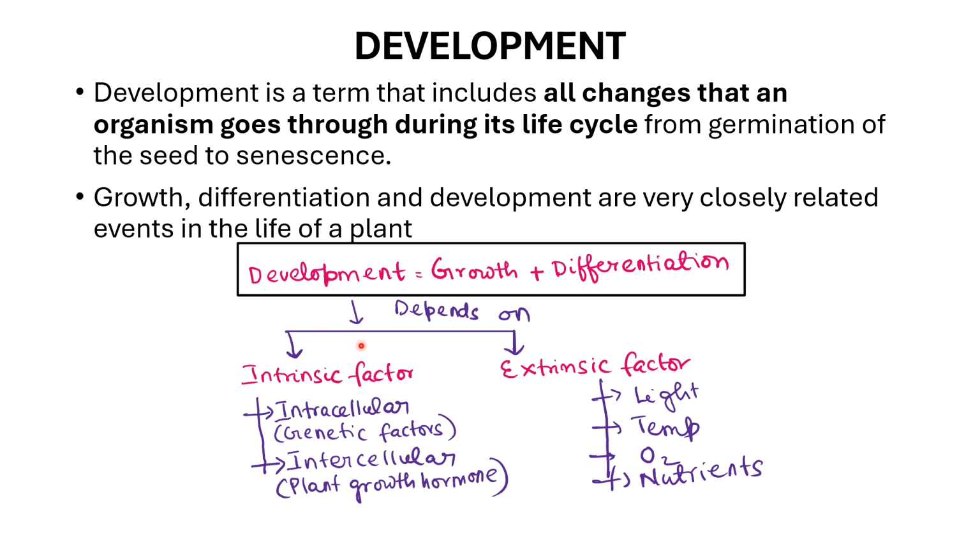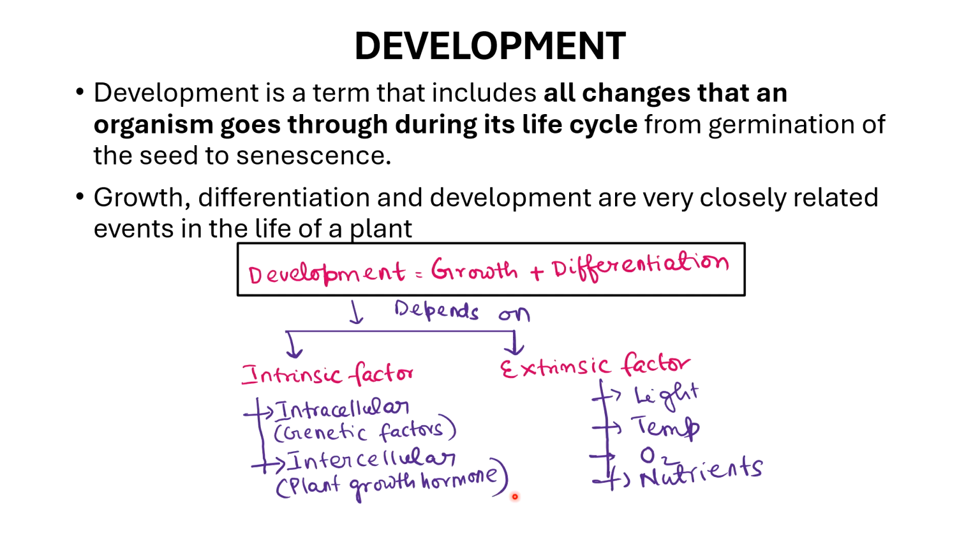Now this development depends upon two types of factor. It can depend on the internal or the intrinsic factor, or external or the extrinsic factor. These intrinsic factors on which plant development can depend are intracellular or the genetic factor, or it can also depend upon the intercellular factor, that is a plant growth hormone, or the phytohormone.